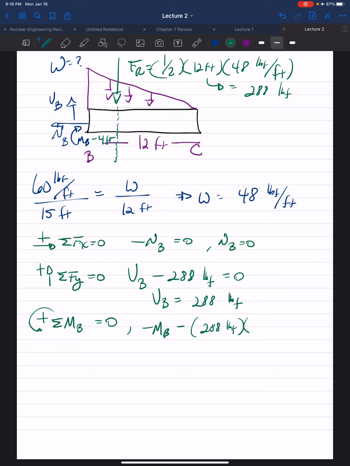Remember, it's 1/3 the length. 1/3 of 12 feet is 4 feet. So you get 1,152 pound force feet.